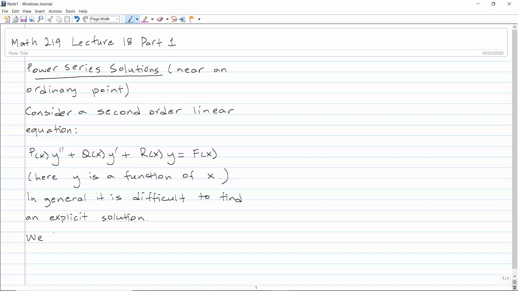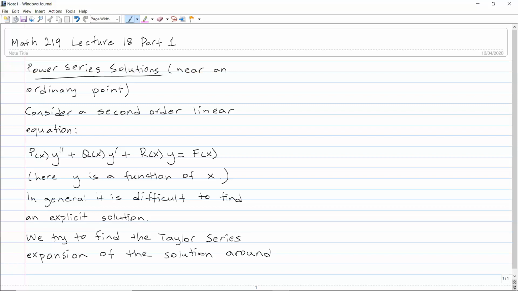So we try to find the Taylor series expansion of the solution around, remember, for Taylor series, we need a center point.